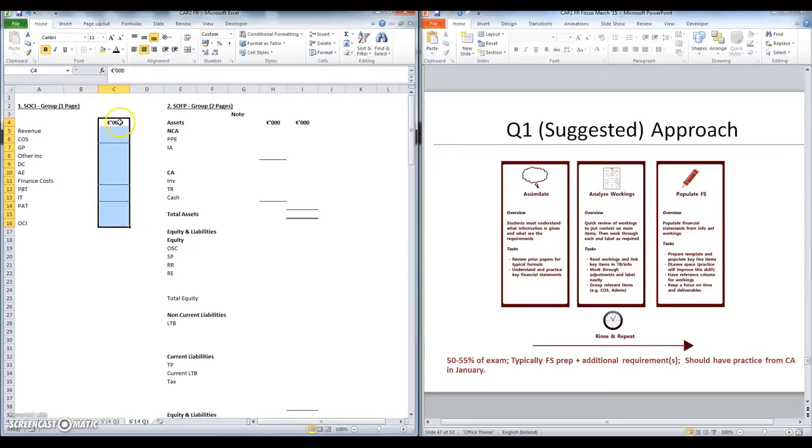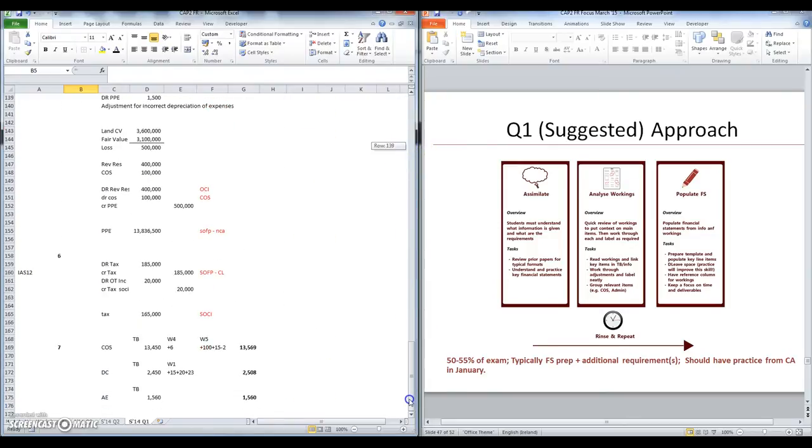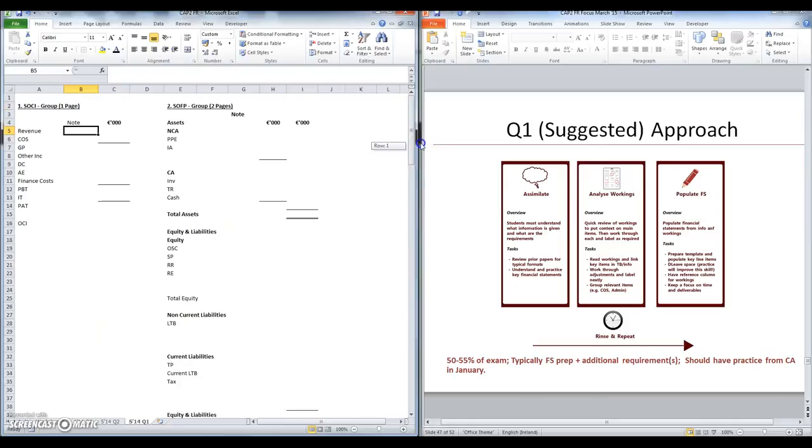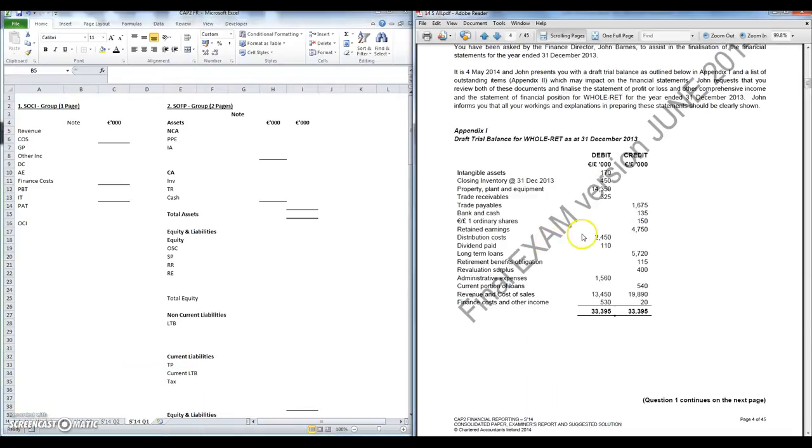So it may be the case that you put, I typically leave a column on the left hand side of the numbers for a note to either reference a working, or sometimes you may not think it'd be useful to just have an extra working and working 7 to accumulate up. You might just put it on the face of it. So for example, revenue, we know if we look at the trial balance, that revenue was 19,890, right?